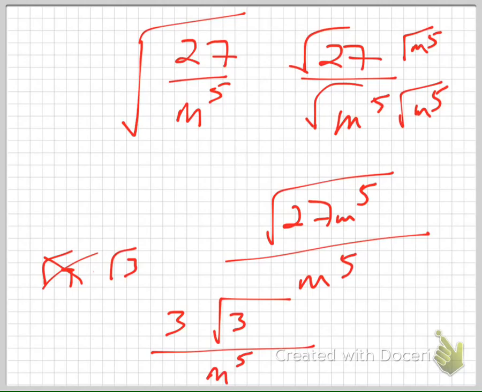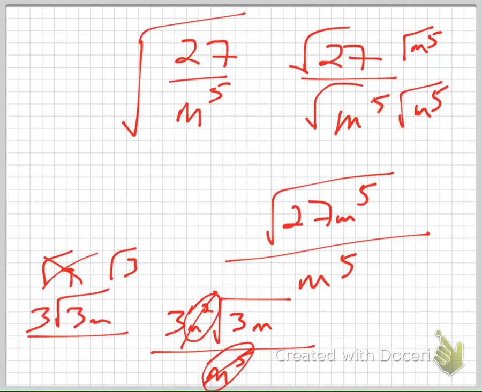An m squared. And that leaves me an m inside. Now, the m squared, do I have to put an absolute value symbol? No. Am I done? Can those m squared and that m to the 5th be reduced? Yes. So then the m squareds are gone. That leaves me with what on the bottom? M to the 3rd. So the answer would be 3 times the square root of 3m over m to the 3rd.